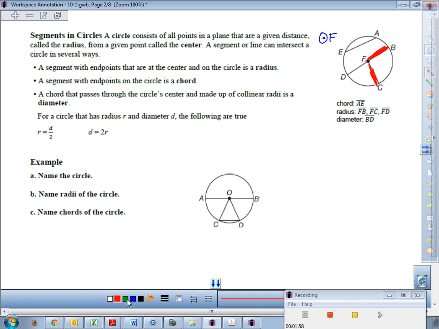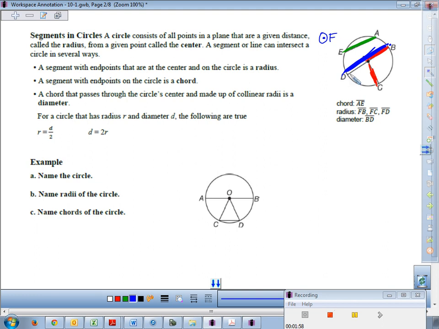A chord is a segment with endpoints on the circle that doesn't go through the center. Like this green segment, segment AE, is a chord, and I don't like the way our book defines chord. They say any segment with endpoints on the circle is a chord.